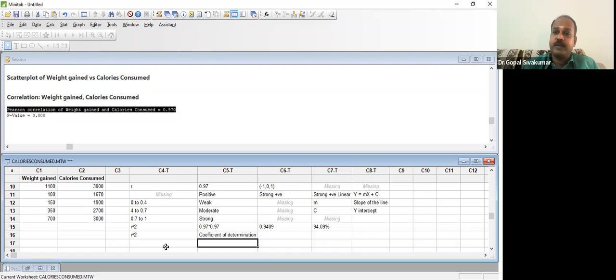No. If R square is not 90% or 80%, it is only 30%, it means Y depends not only on the X, but also on some other factors. The factor you are trying to optimize is one of the factors, maybe X1. There could be X2, there could be X3. That means root causes are multiple.